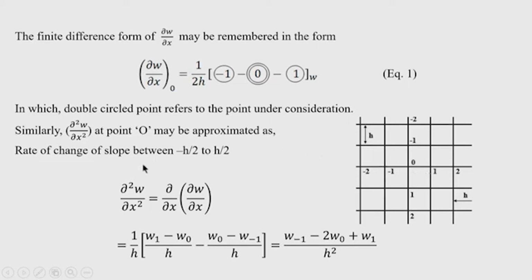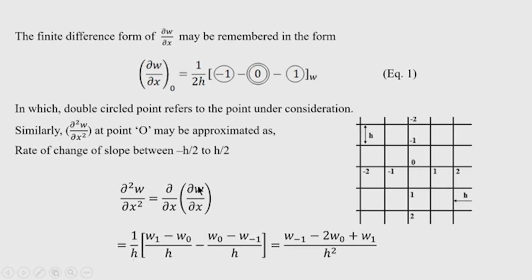So, curvature, del square w by del x square, is nothing but the rate of change of slope. The slope is this, and the rate of change is del by del x into del w by del x. Now, here we know that dx is 1 by h, so directly we substituted 1 by h.